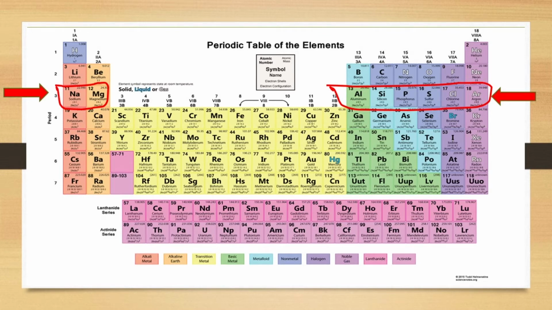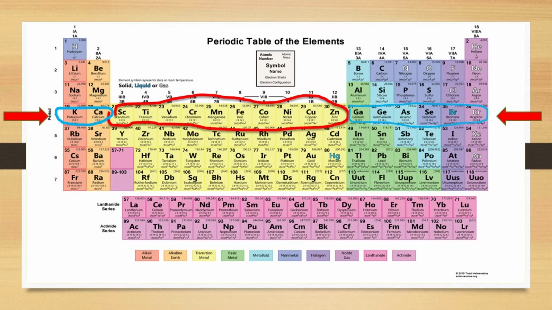Their atomic numbers are from 11 to 18. This is also a short period. Now let me read the names. Sodium, magnesium, aluminium, silicon, phosphorus, sulfur, chlorine, argon.